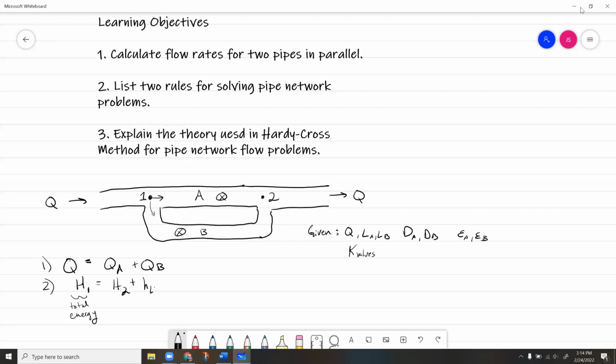So we'll say head loss in A plus the head loss in B, right? So we have flow going through here, we get head loss. We have flow going through here, we get head loss. And then that head loss added up should equal the energy at point two once we follow those two pathways.